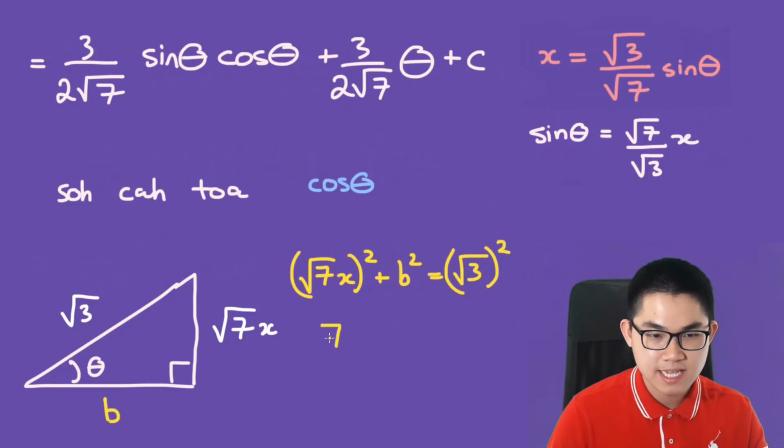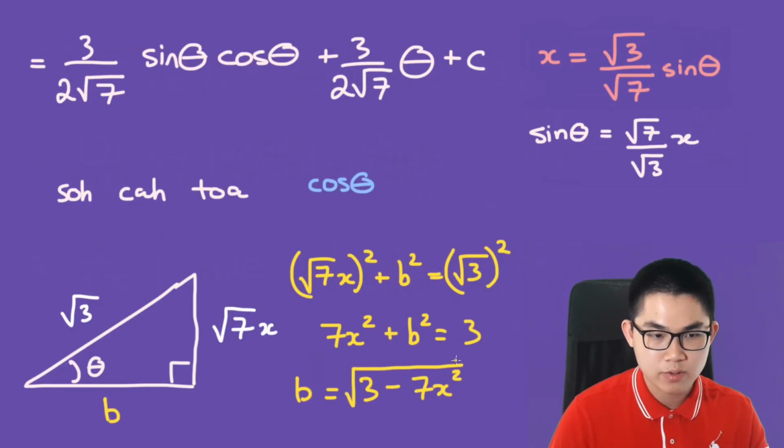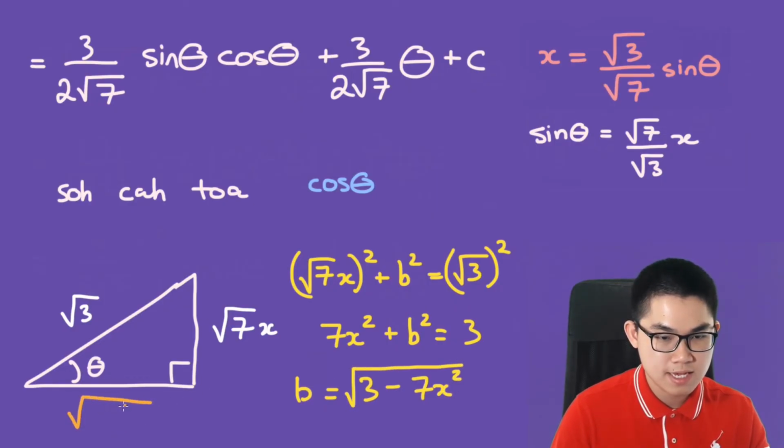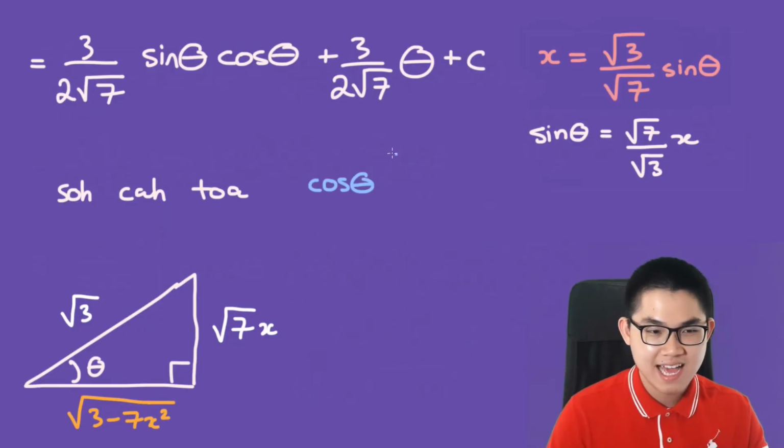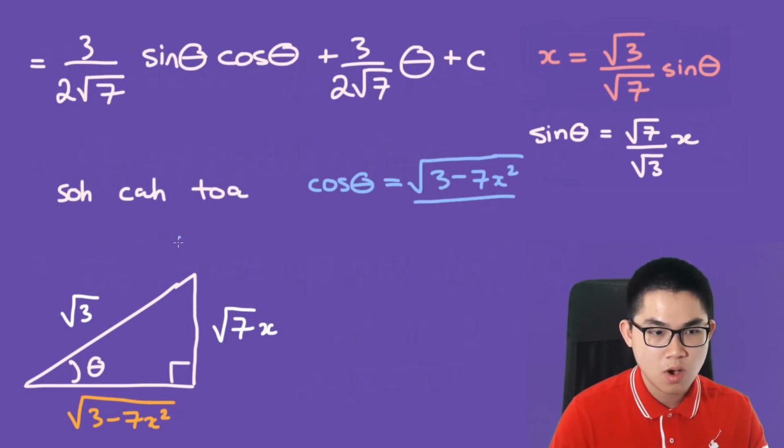This right here is 7x squared plus b squared is 3. b squared is 3 minus 7x squared, and we have the square root. So b is the square root of 3 minus 7x squared. As a result, cosine is the square root of 3 minus 7x squared over hypotenuse, which is just the square root of 3.